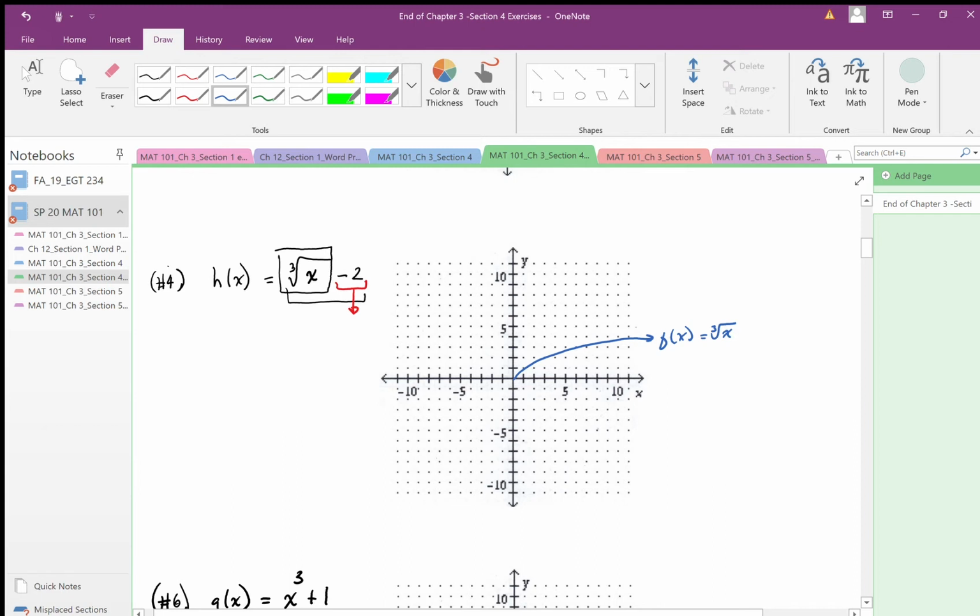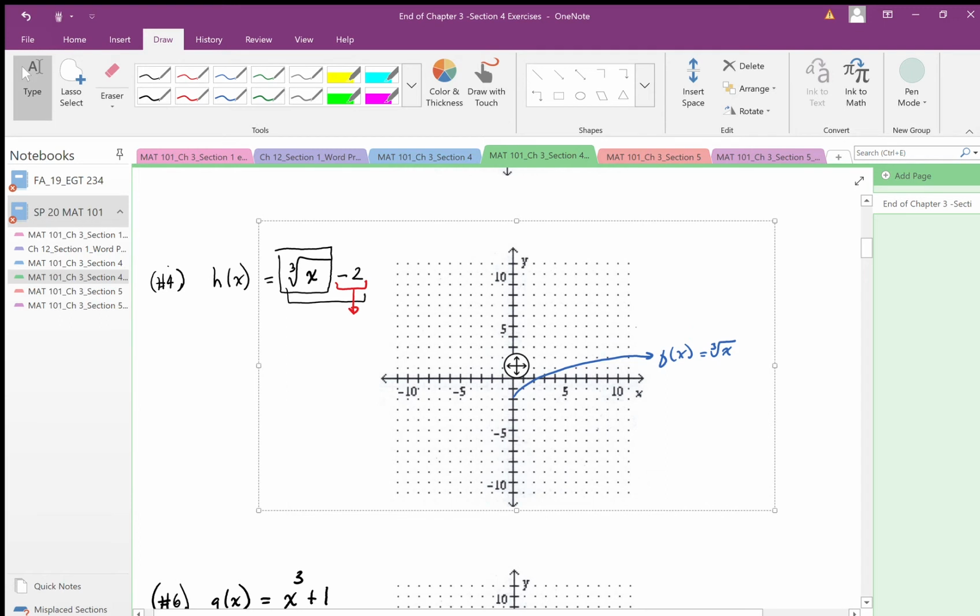Now when you shift this down by 2, this becomes minus 2. And this is our h of x, sorry, h of x.